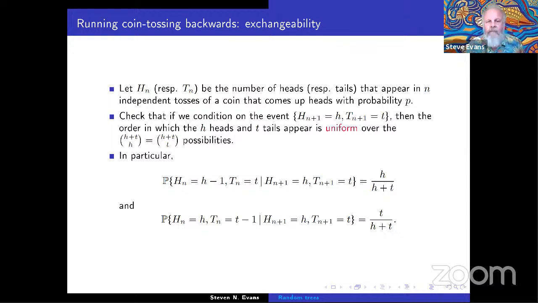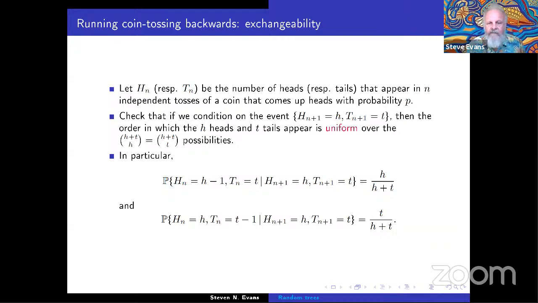Now suppose that instead of the Pólya urn, we look at an even simpler stochastic process, namely just independent coin tossing, where we're tossing a coin that comes up heads with probability p, and we keep track of the number of heads and the number of tails.